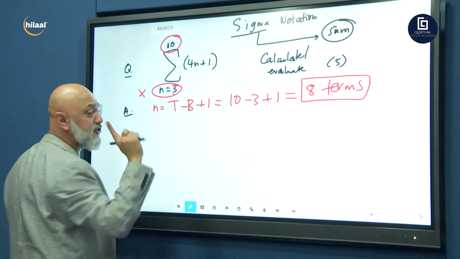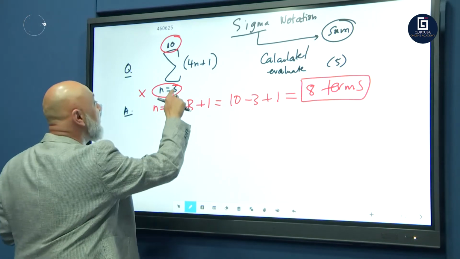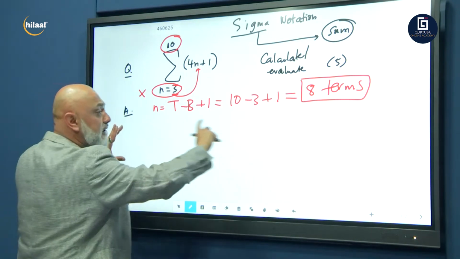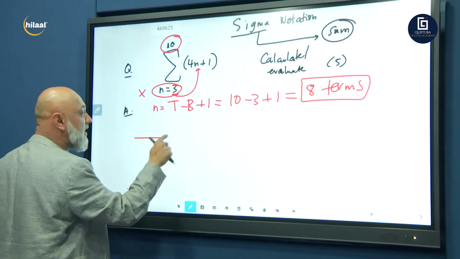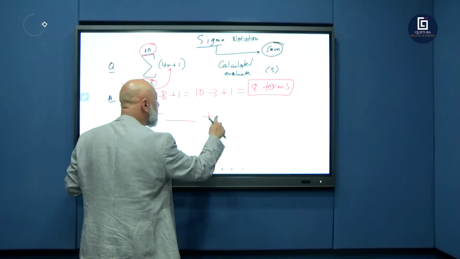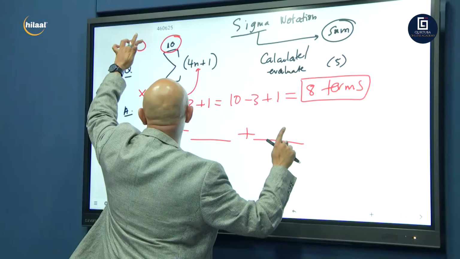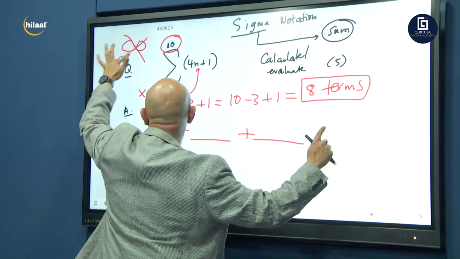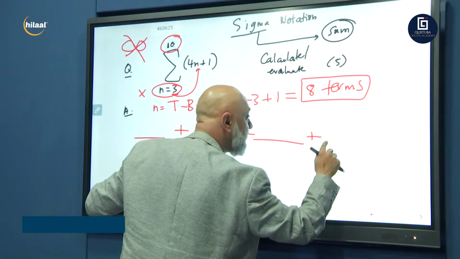Now we start substituting. Be careful, guys. Listen carefully. You need to take this bottom number and substitute it in there. So now we need to expand sigma. You're going to have term number 1, term number 2, term number 3. If that was infinity on the top, you would just say dot, dot, dot. But it's not infinity. There's a number on the top, so we must have a last term.